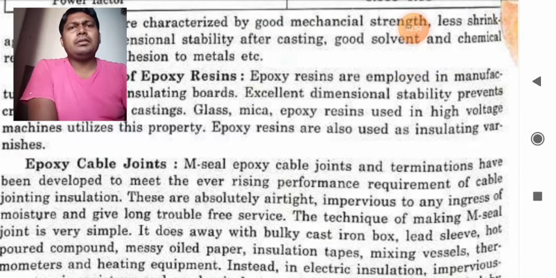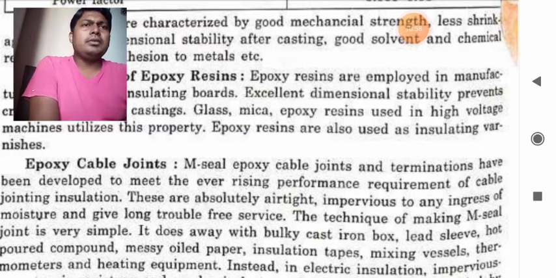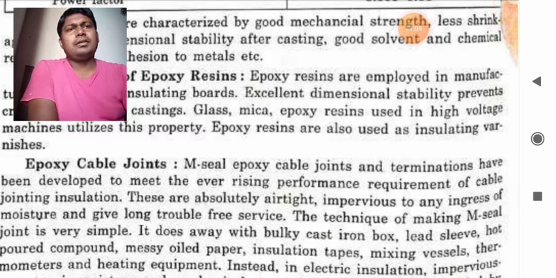Now we will discuss epoxy cable joints. MCL epoxy cable joints and terminations have been developed to meet the ever rising performance requirement of cable joining insulation. These are absolutely airtight, impervious to any ingress of moisture. So moisture entry is totally not allowed.